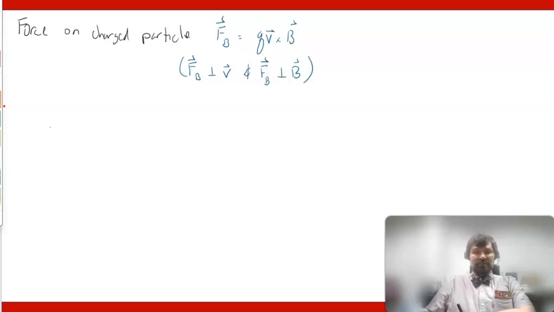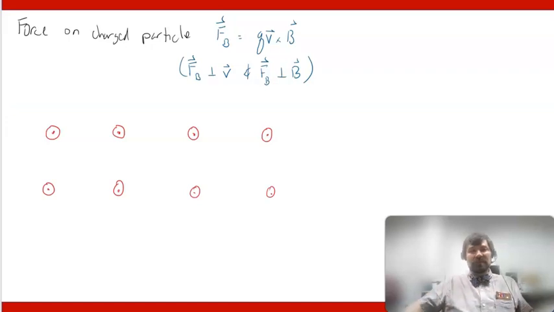Let's say that the magnetic field happens to be pointing into the plane of the screen, like so. So I have basically this uniform magnetic field, and it has some charged particle that is going to enter into it.